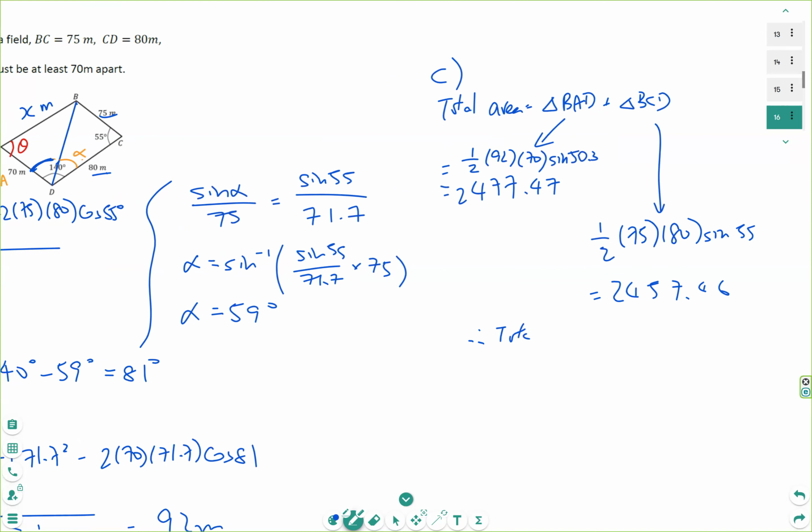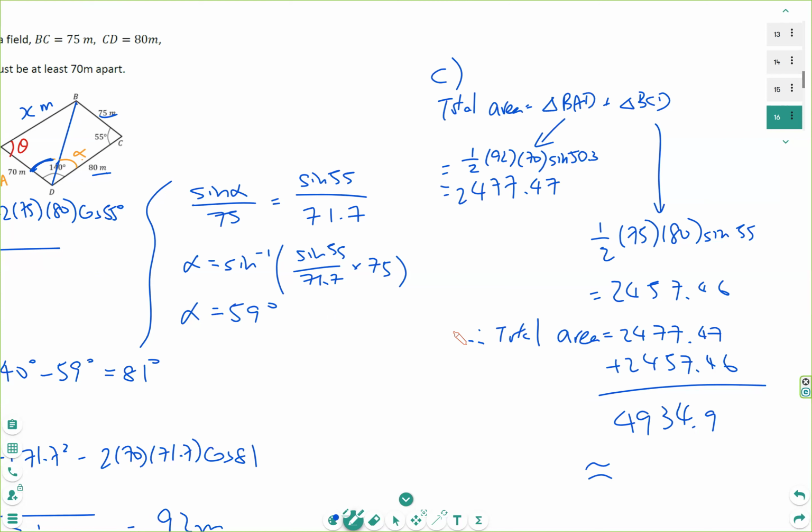Therefore, the total area equals 2477.47 plus 2457.46. On the calculator, I got 4934.9, which is 4935 meters squared.